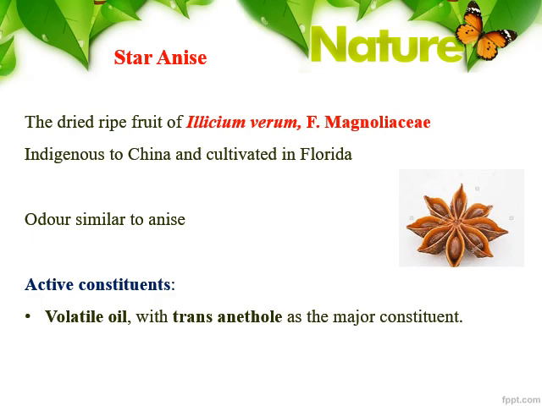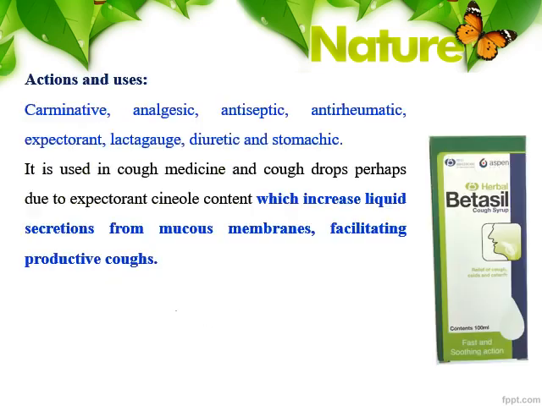It has a similar odor to anise. The active constituent is mainly volatile oil with anethole, which is why it is similar in odor. It is used as a carminative, analgesic, antiseptic and antirheumatic as a topical application.